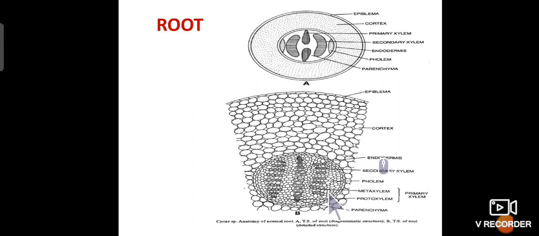Just remember that the tracheids, the water conducting cells of the xylem, have spiral and scalariform thickenings in the protoxylem, whereas in the metaxylem they show reticulate thickenings, arranged in the form of a network, and vessels are absent.